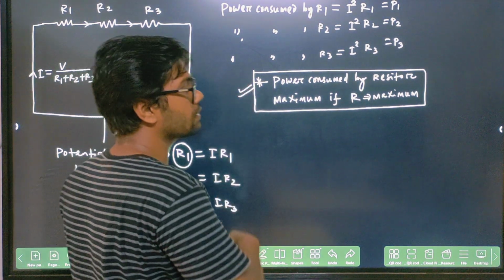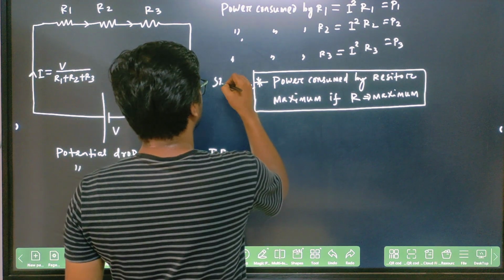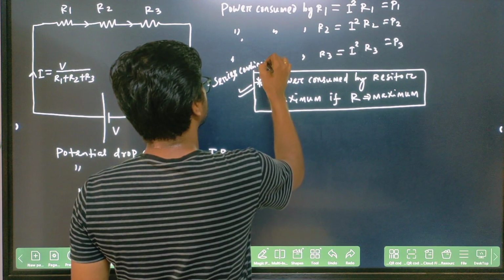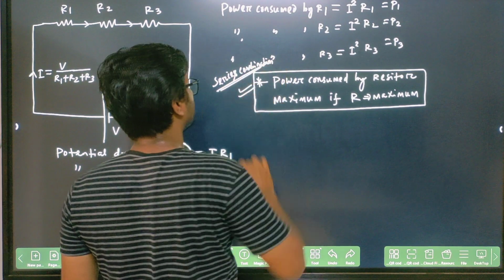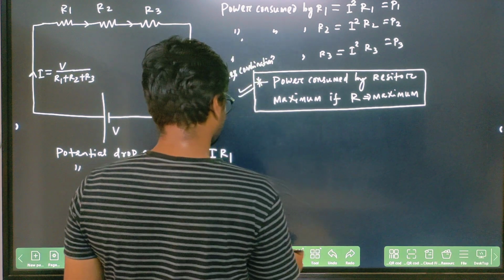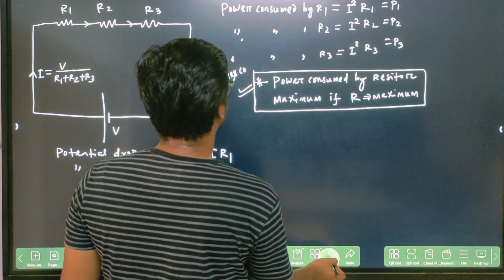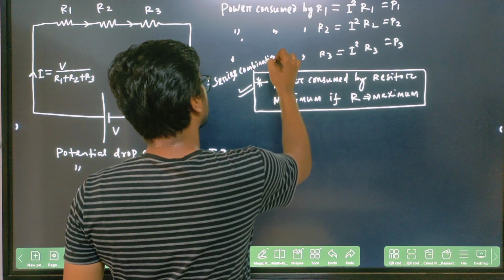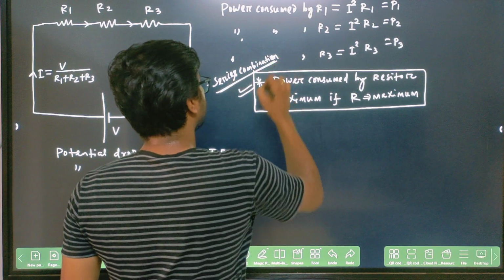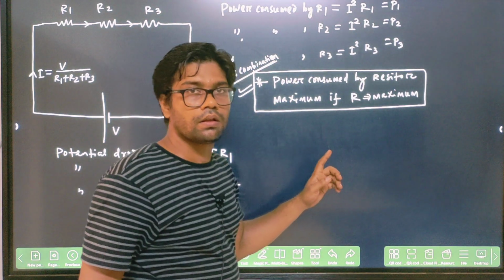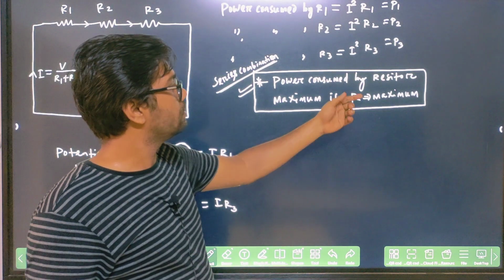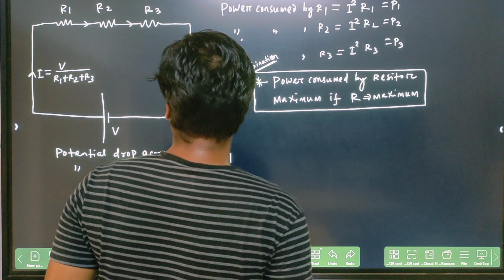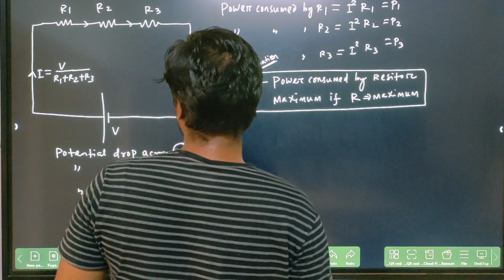This is for the series combination. For series combination, the power will be maximum for the resistor which has the maximum resistance. Clear? You can find it out because the I square value is the same everywhere.